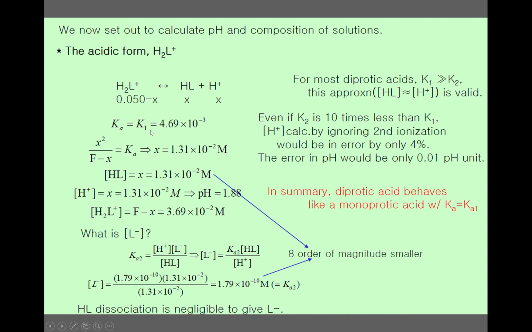Now let's see. The initial concentration is 0.05 molar. Let's put X for proton. And then we write this quadratic equation using this K1, and then we calculate the proton concentration, or this HL form.